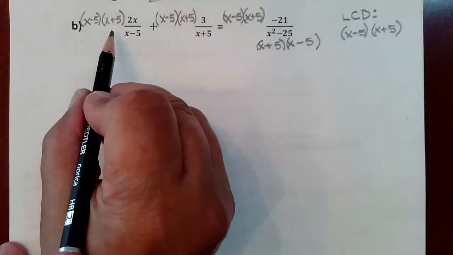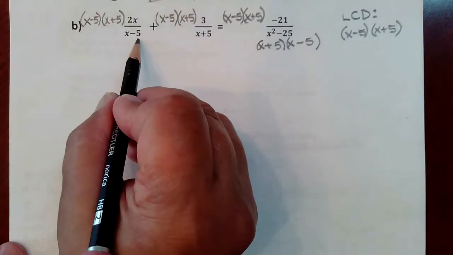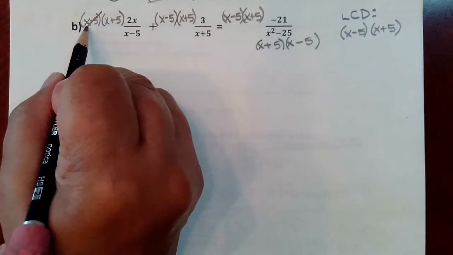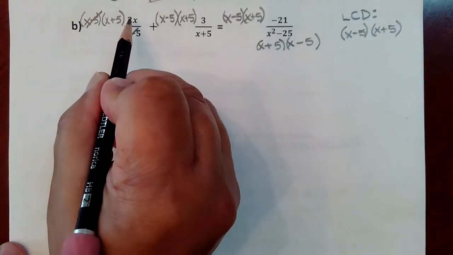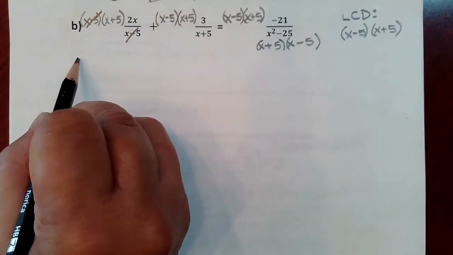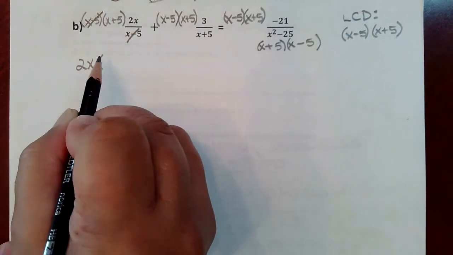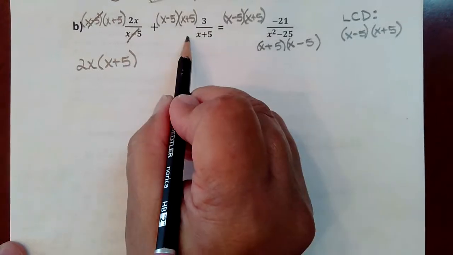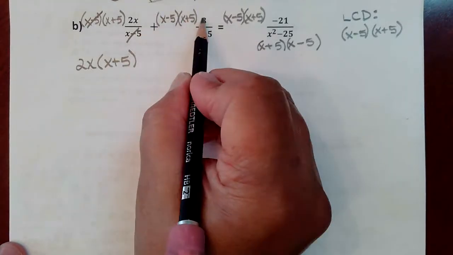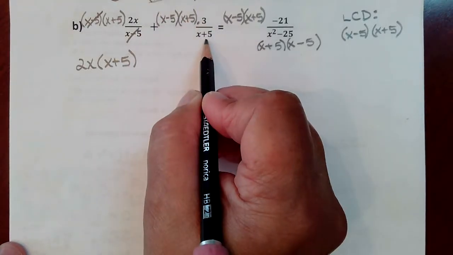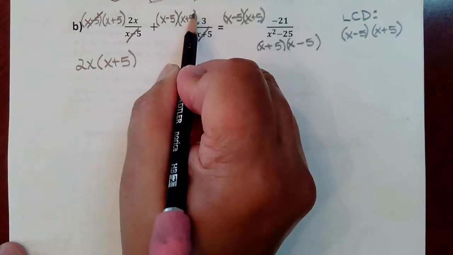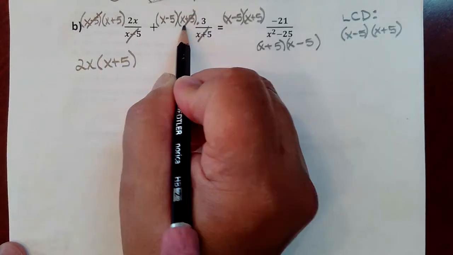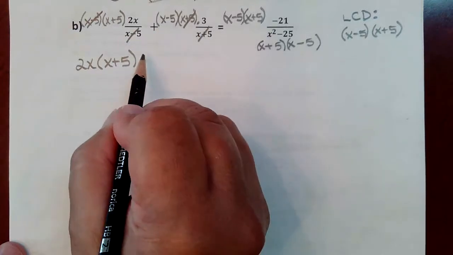In this first product, when you're multiplying all of this times all of this, the x minus 5's cancel, leaving you with 2x times x plus 5. In the second product, when you're multiplying this whole LCD times 3 over x plus 5, the x plus 5's cancel, leaving you with 3 times x minus 5.